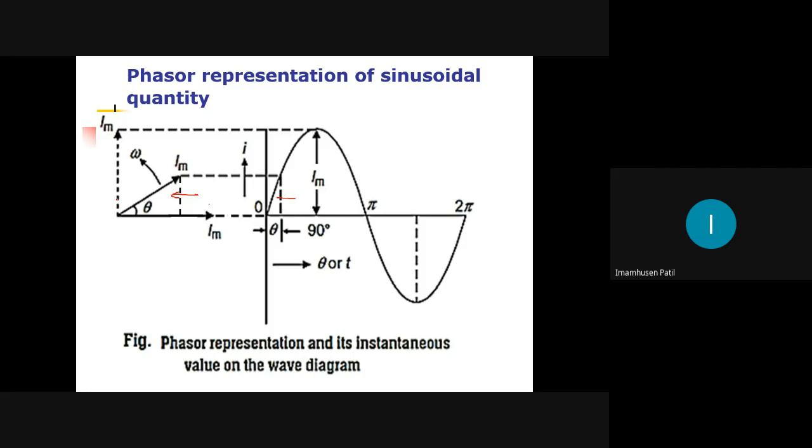At any degree, suppose this is 90 degree, from here to here 90 degree, the voltage is maximum. This is the Im, and Im is projected like this. You can rotate by 360 degree. If you take this vector by an angle theta 2, then you will get this.